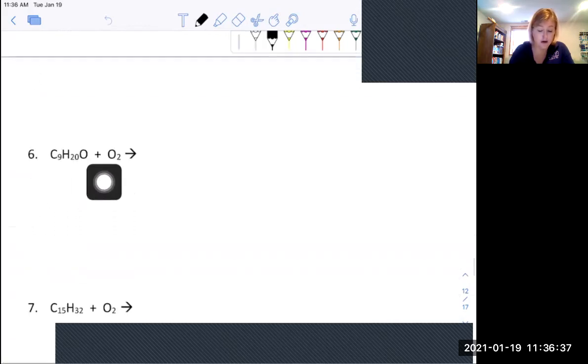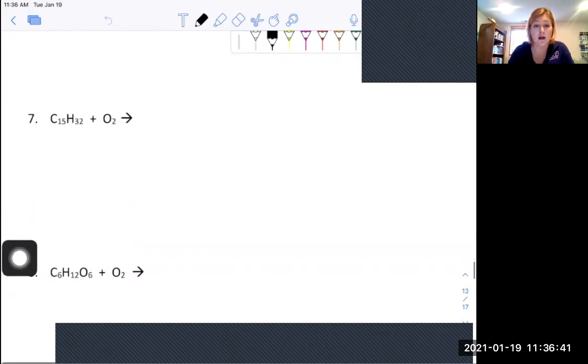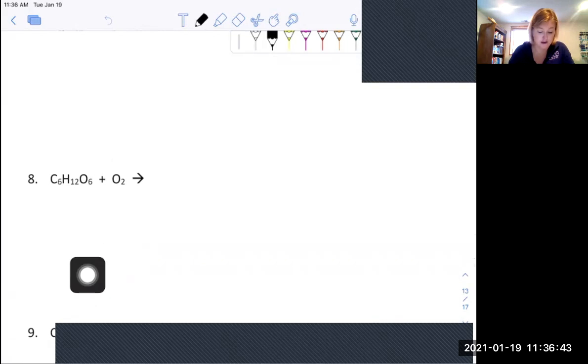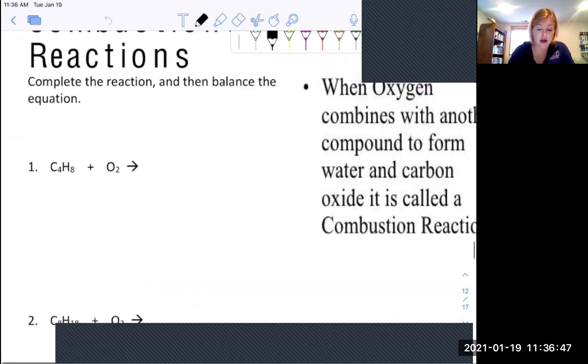I hope by now you're seeing a pattern: every combustion reaction starts with a carbon-hydrogen molecule, or a carbon-hydrogen compound. Every single one that we start with has carbon and hydrogen in it.